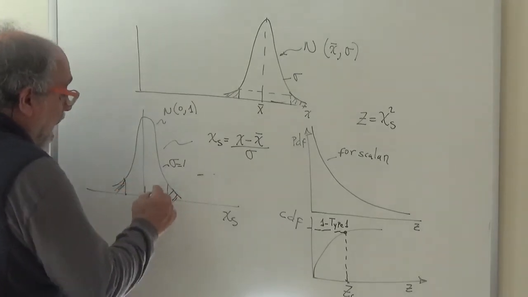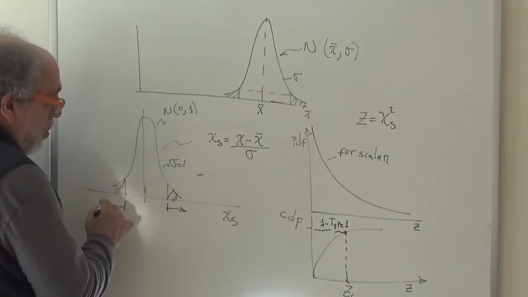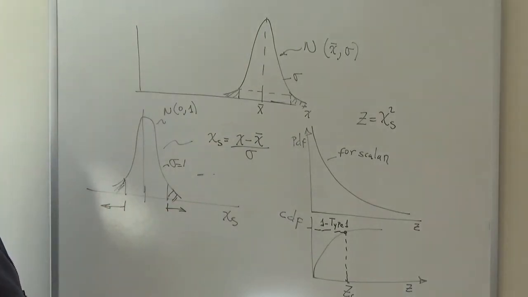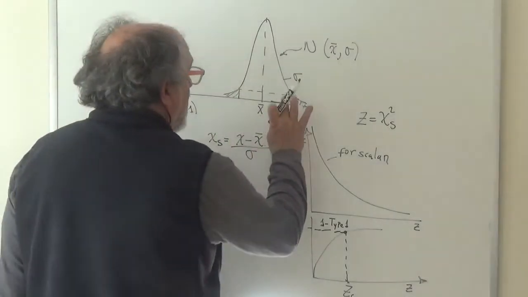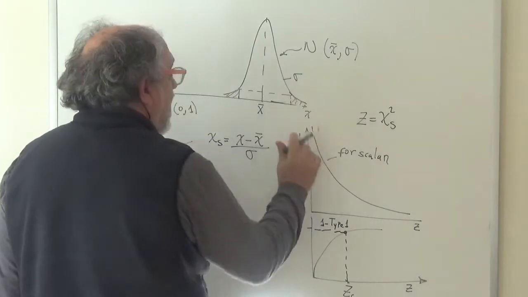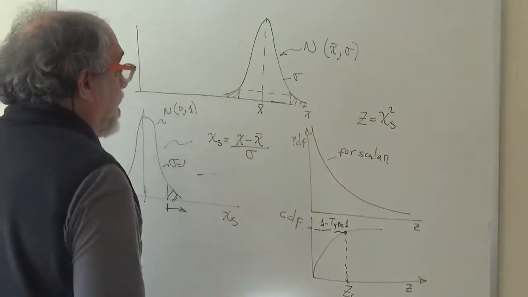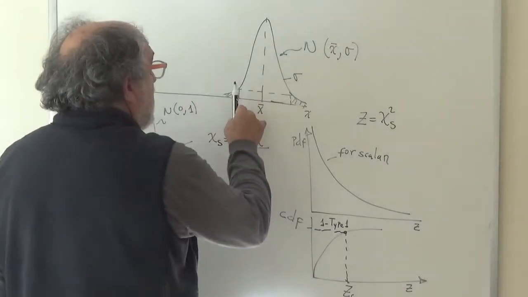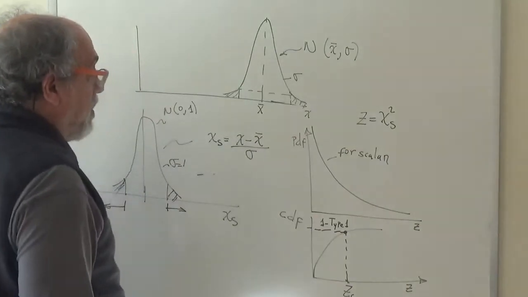So being larger than something, the square is the same thing as to say that it is there or that it is here. So in the chi-square distribution, we can no longer do what we call a one-sided test. We can no longer say, okay, 5% probability of being on one side of the Gaussian. We can only say some percent probability of being on either side of some limit.